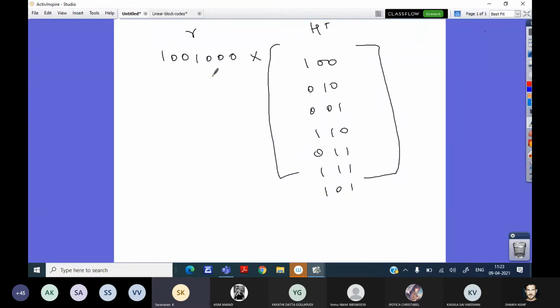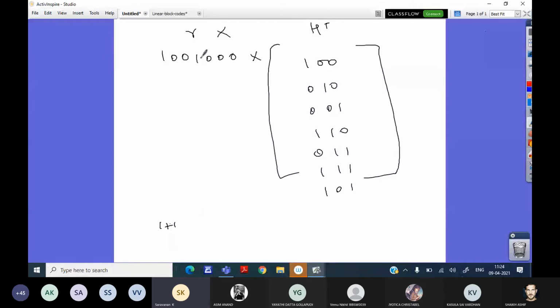So this is my residue vector. I am multiplying these two. So can you multiply and tell me the value? 1 cross 1 is 1. So 0 plus 0. You are going to generate 1 plus 0 plus 0 and then plus 1.